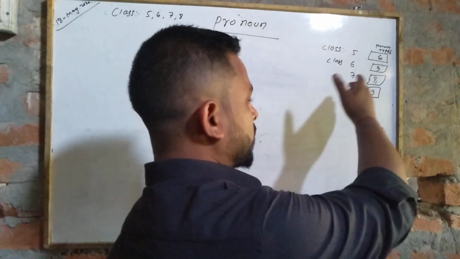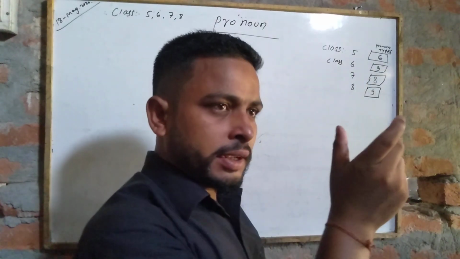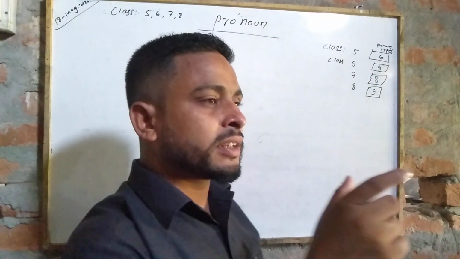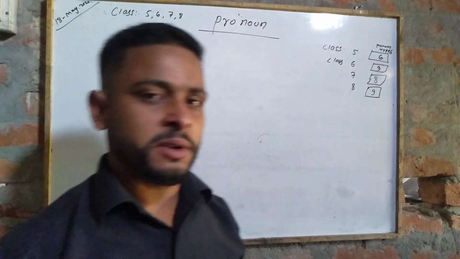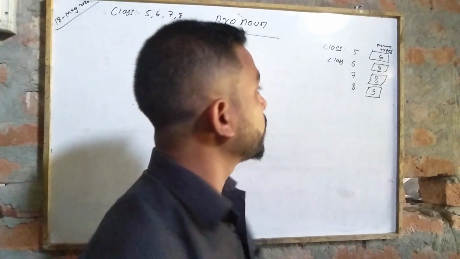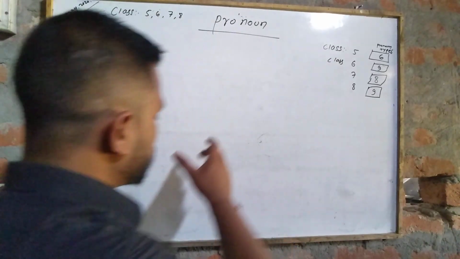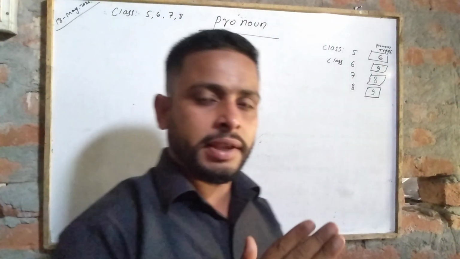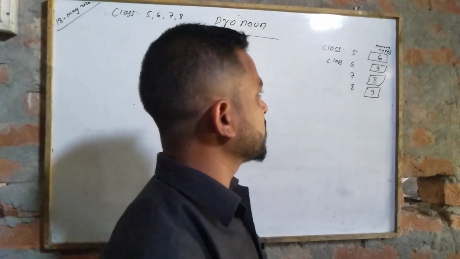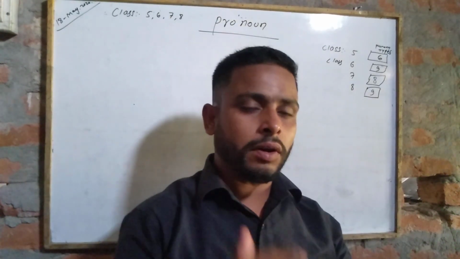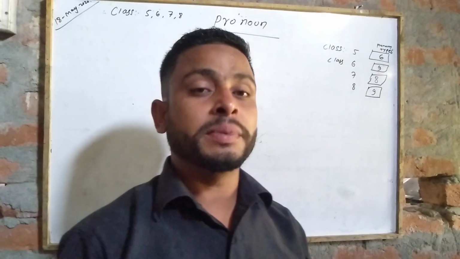In class 7, the list has 7, but there is a definition of 8 pronouns, and in class 8 there are 9 types of pronoun. In this one video, every student of class 5, 6, 7, 8 can get all the answers to their exercise.